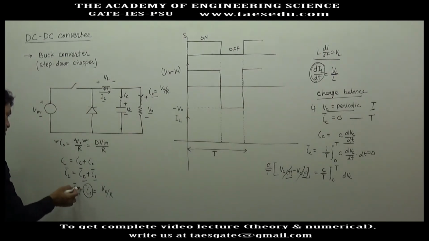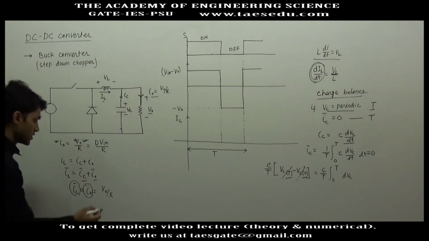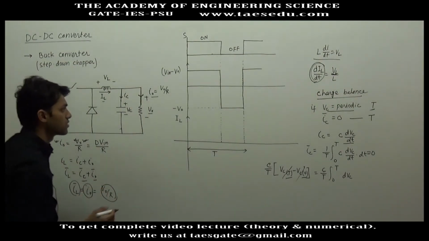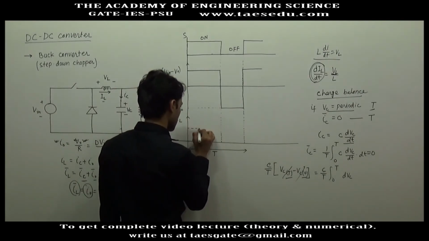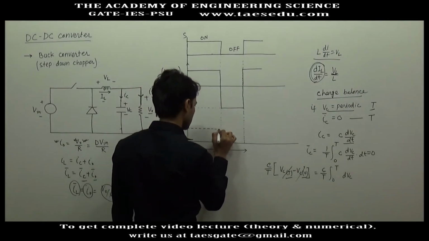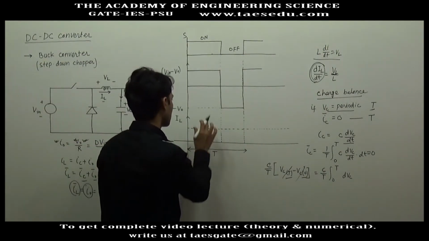I'm not saying inductor current is constant, but from this concept I have calculated the average value of inductor current. This will be V0 by R. So let's say this is the average value of inductor current.